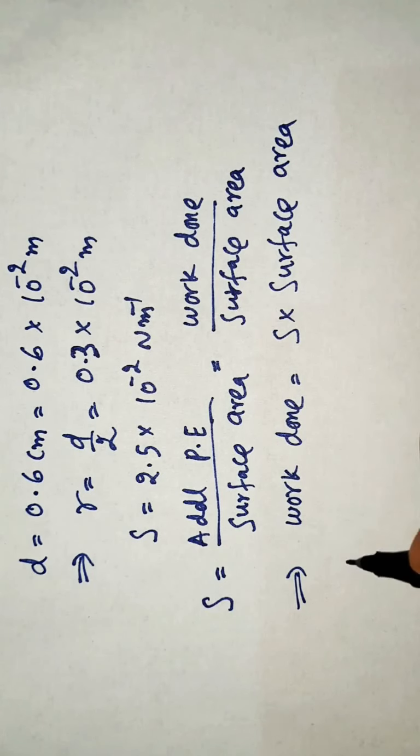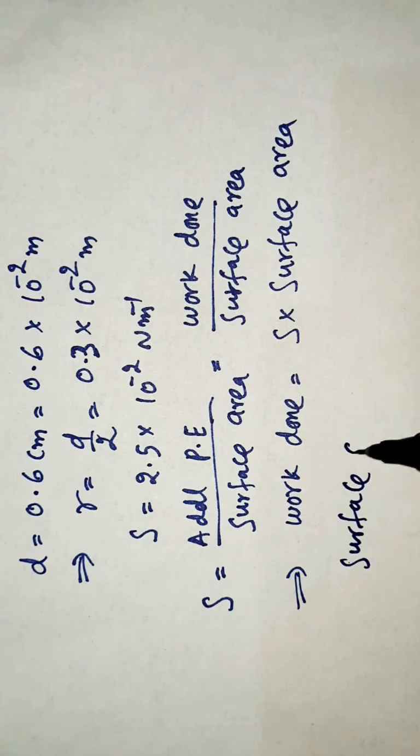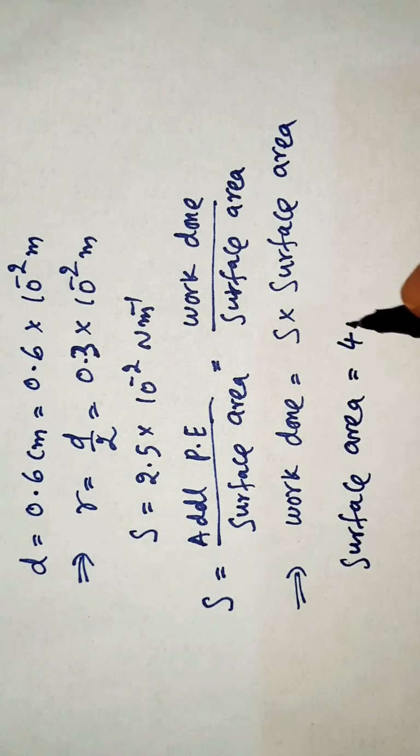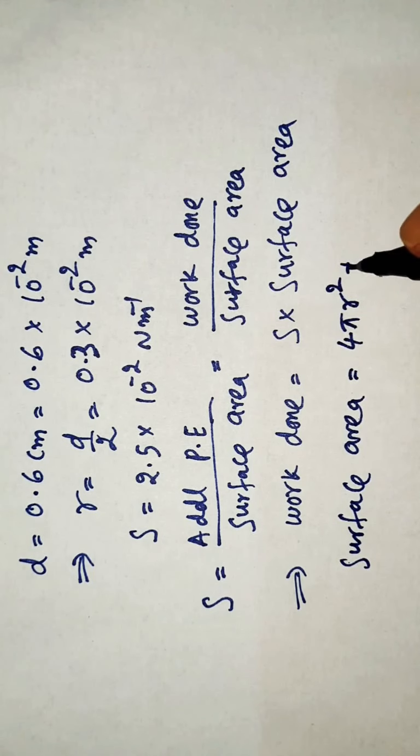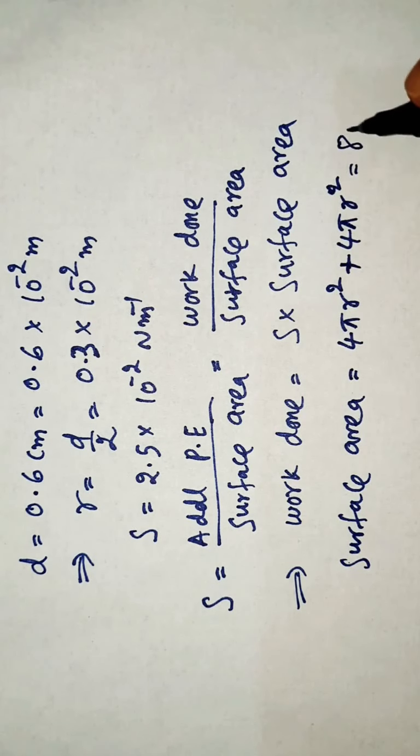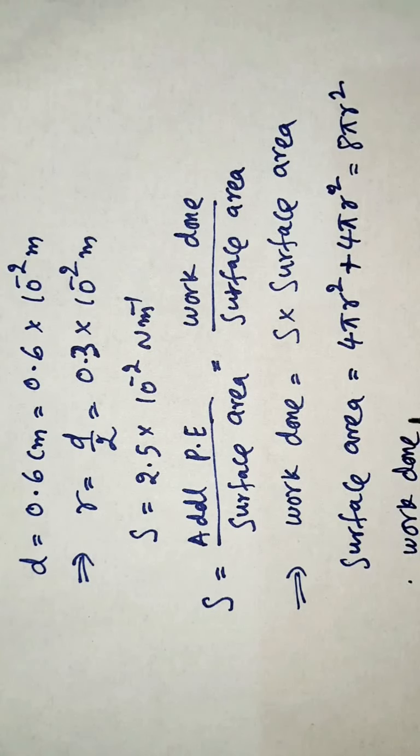So surface area of soap bubble is 4 pi r square plus 4 pi r square, because soap bubble have two surfaces. So that is 8 pi r square. So therefore work done is equal S into 8 pi r square.